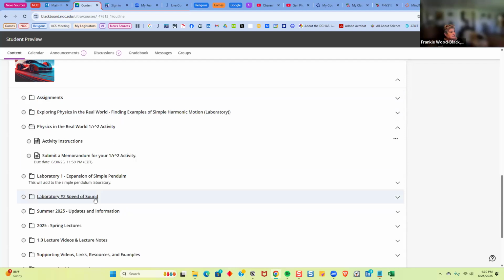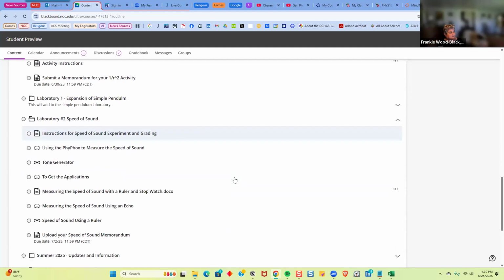The other is the speed of sound laboratory. You can go out on the internet and find a number of different ways to measure the speed of sound. I've given you some suggestions here. Measuring the speed of sound using an echo, measuring the speed of sound using a ruler.